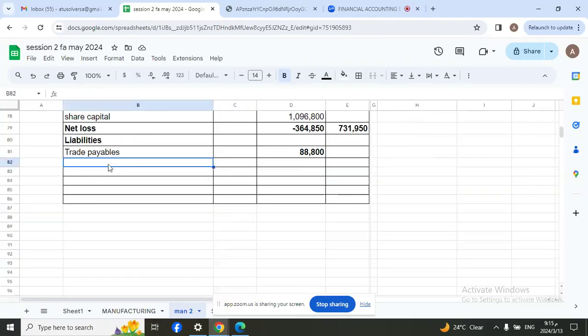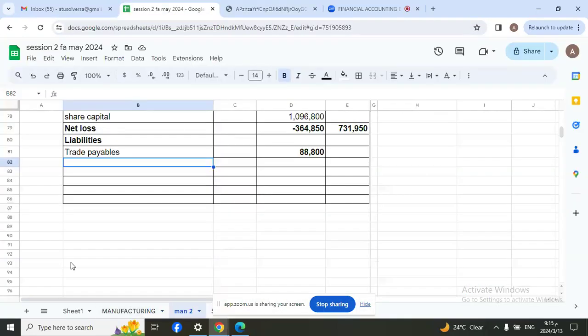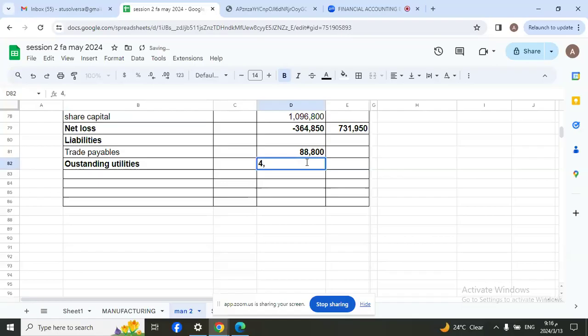Okay, so in our additional information here, you see, utilities of 4.8 were still outstanding during the year. So we say outstanding utilities of how much? 4,800.